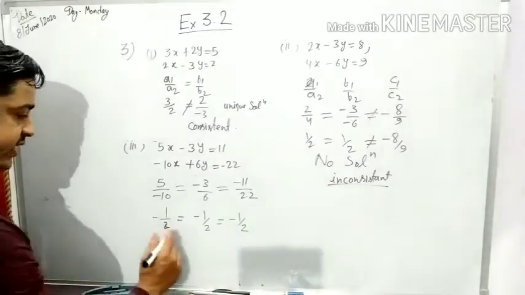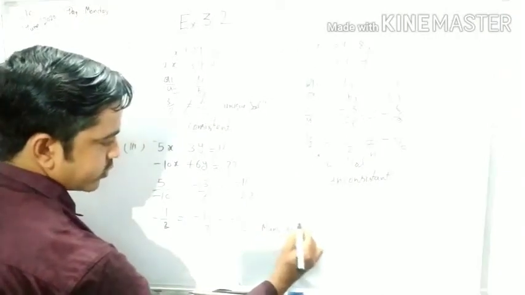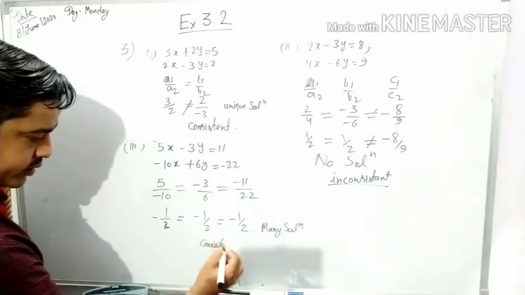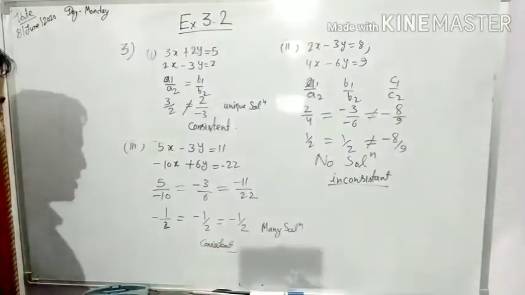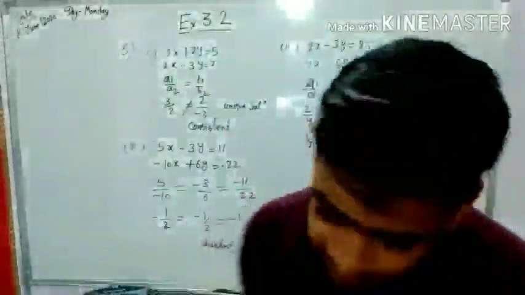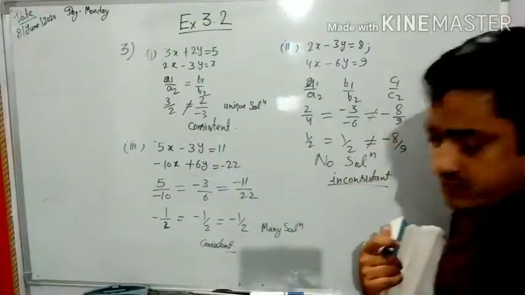So this is the condition of many solutions. So it is called consistent. This is another type of question, the way of asking a question in an exam hall, where you define which one is consistent and which one is inconsistent.